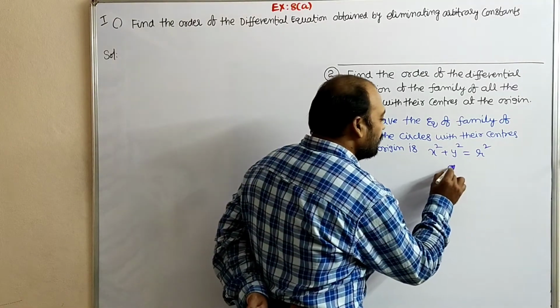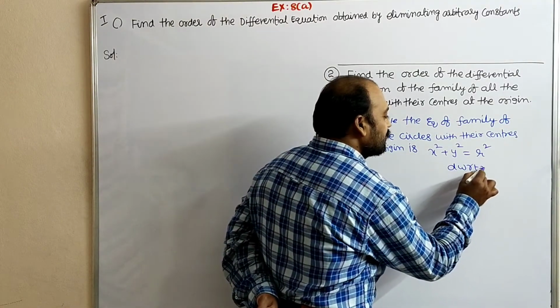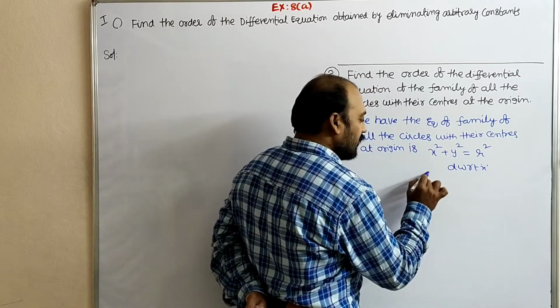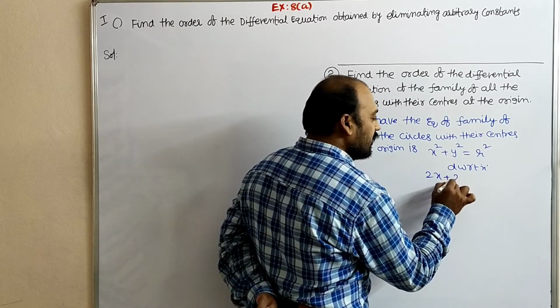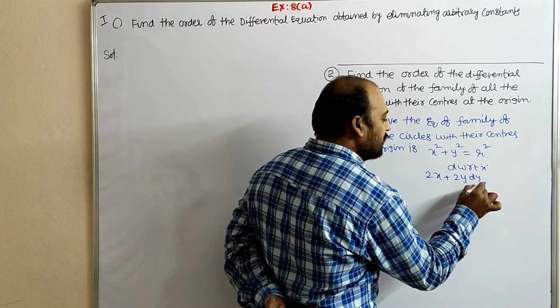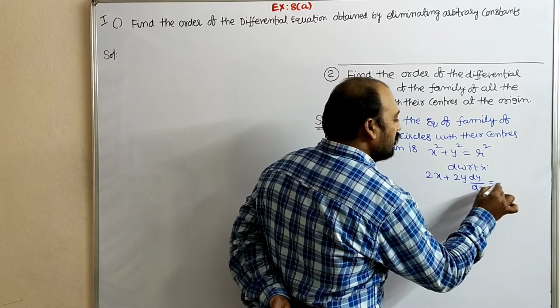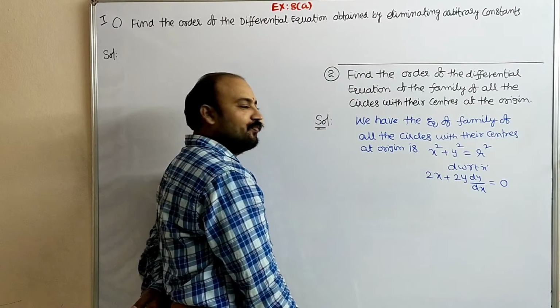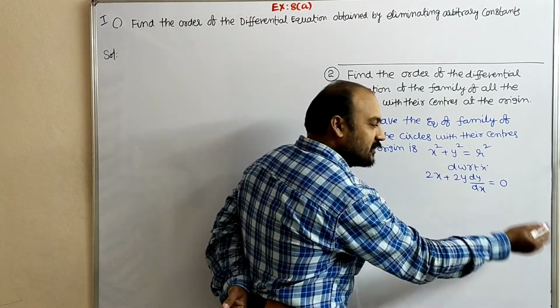So differentiate with respect to x. x square derivative is 2x plus y square derivative is 2y into dy by dx, which is equal to r square derivative, which is 0. Now 2 take common, 0 by 2 is 0.